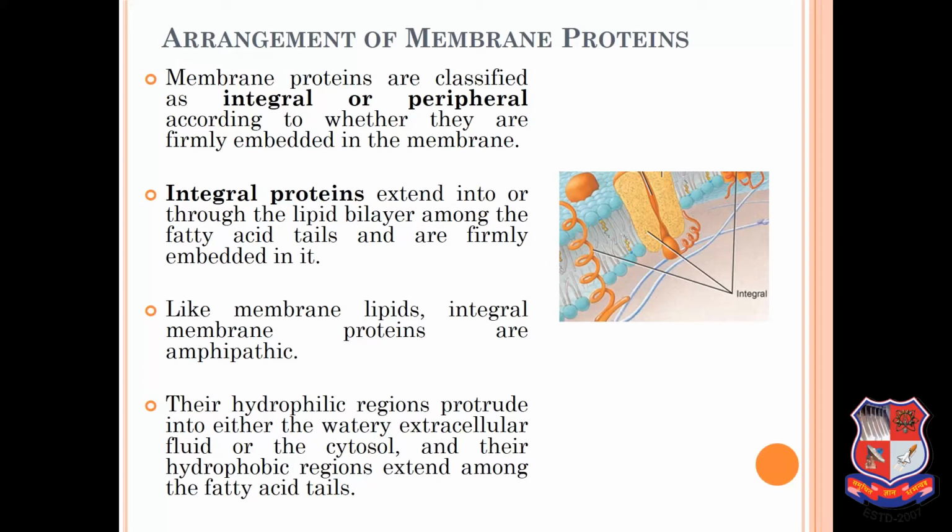First, integral proteins extend into or throughout the lipid bilayer among the fatty acid tails, and are firmly embedded in it. In these figures, we can see the integral proteins extending into or through the lipid bilayer. Like membrane lipids, integral membrane proteins are amphipathic, meaning they have both polar and non-polar regions. Their hydrophilic regions protrude into either the watery extracellular fluid or the cytosol, and their hydrophobic regions extend among the fatty acid tails.